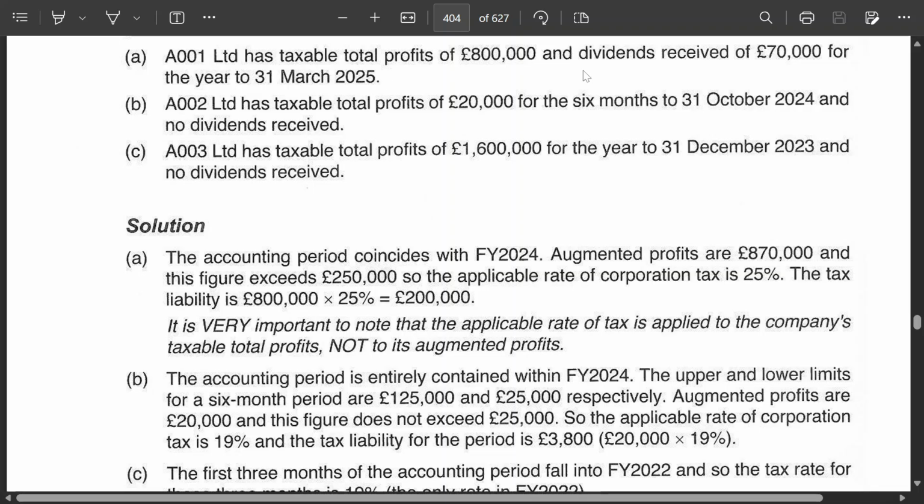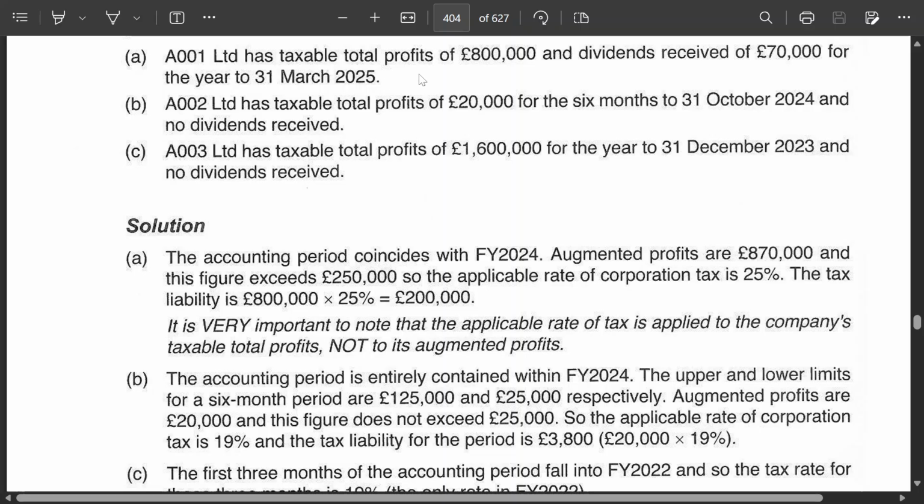So as soon as you see 1 year, that means that you don't have to scale down the upper and lower limits. Okay. Here you don't have to scale them down because it's already for a full year. And there's no mention of any kind of associated companies. So both the factors that you use to scale down, they're not relevant here.